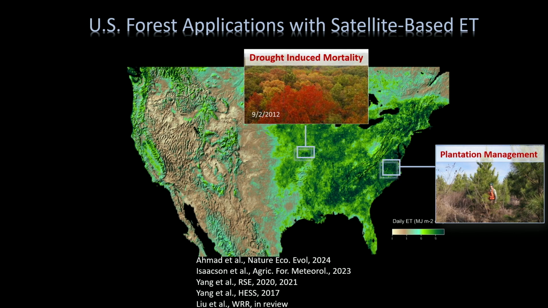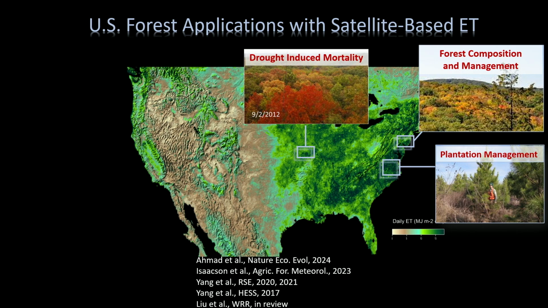Then I've been working with a PhD student from Rutgers University, and he's now a postdoc with the USDA Forest Service. We look at the New Jersey forest, and we find ET is also a very good indicator for forest composition with different tree species, and also a good indicator of different management.